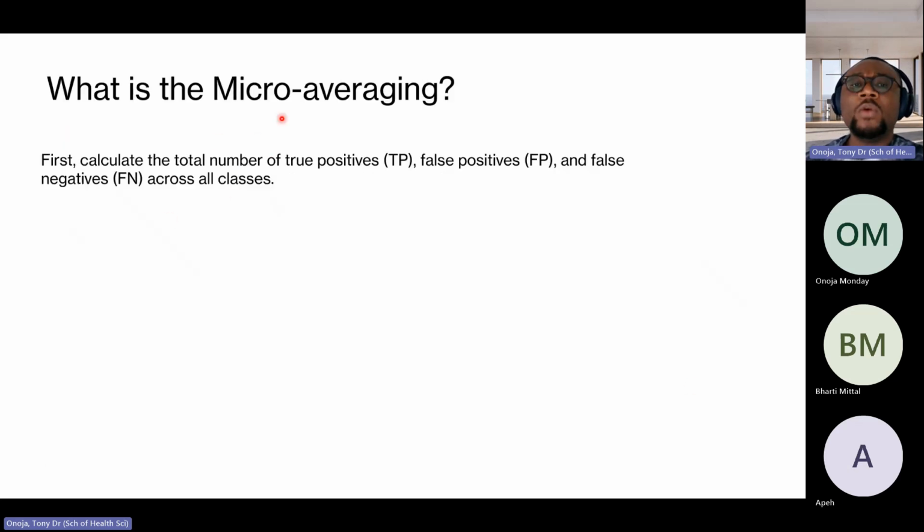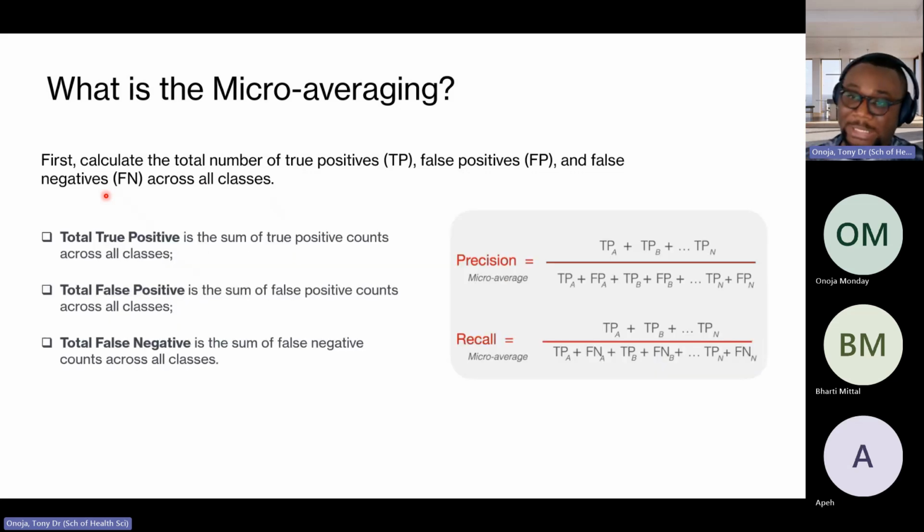Then, what does the micro averaging mean? First, in the case of the micro averaging, remember we said it's more focused on individuals. So you have to first calculate the total number of true positives, false positives, and true negatives across all the classes. Then you can sum for each of the classes.